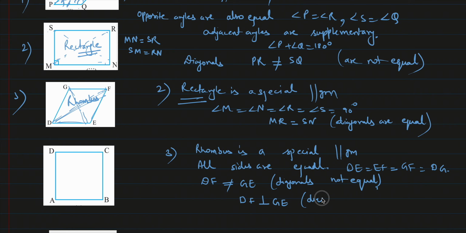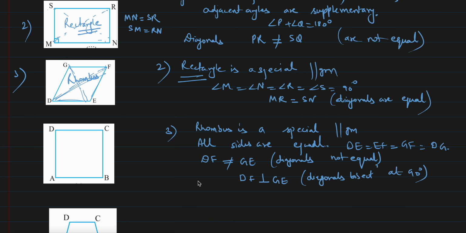So diagonals bisect at 90 degrees. I've not talked about this bisect part in the others; I'll go to that later on. Okay, students, so a rhombus again is a special parallelogram with all sides equal, diagonals not equal, and diagonals bisect at 90 degrees. Other than these, all are same as a parallelogram, like opposite angles equal, adjacent angles sum up to 180.